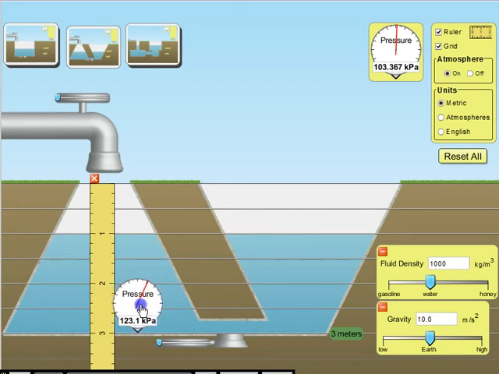So this means to say hydraulic system. Hydraulic basically means anything to do with water. So this is the basic idea of fluid dynamics. This is because of gravity, because there is only one force. If gravity acted in other directions, then sure, the pressure would change.